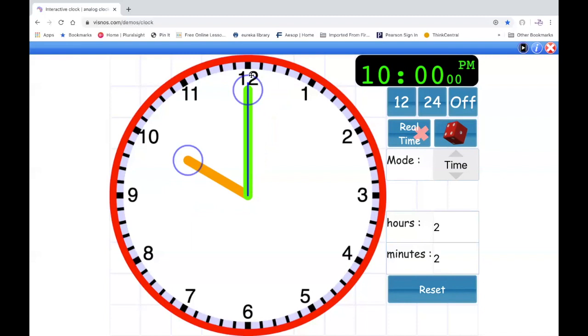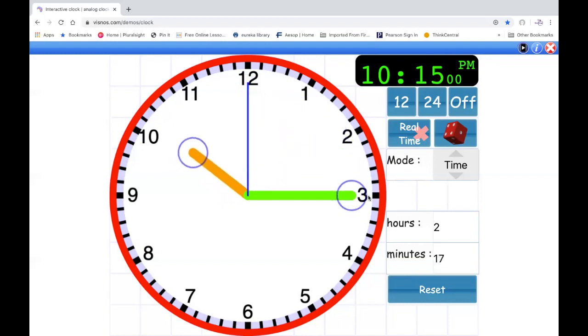So that would be your full hour. And remember, we counted each by 5. When the minute hand is pointing to the 3, to the 15 minutes, we say that is quarter after the hour. So this right now is quarter after 10.